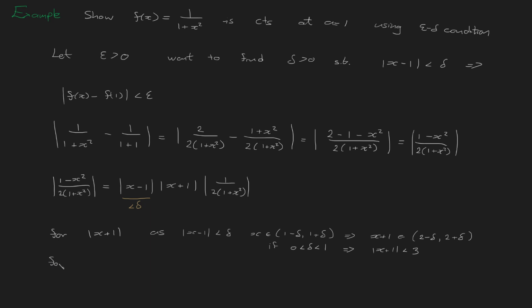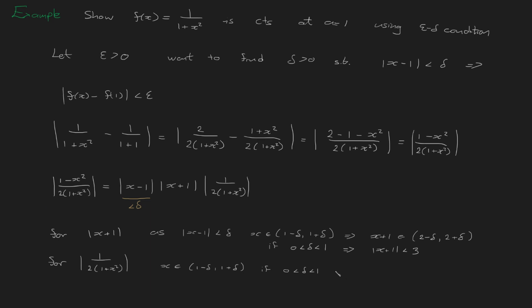Now, the next case, this expression here, 1 over 2 times (1 plus x squared). Again, we have the same thing because we still have |x - 1| less than delta. So x is an element of (1 - delta, 1 + delta). And if I reuse the same assumption, that 0 is less than delta less than 1, I'm reusing it just because I know it's going to work out a little bit more clearly in this case.